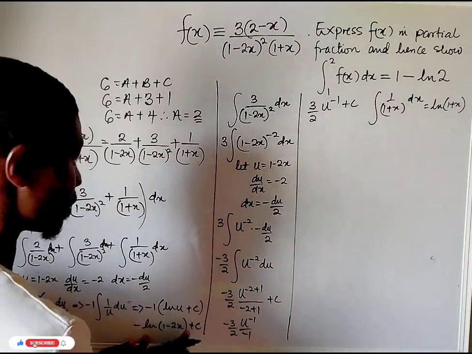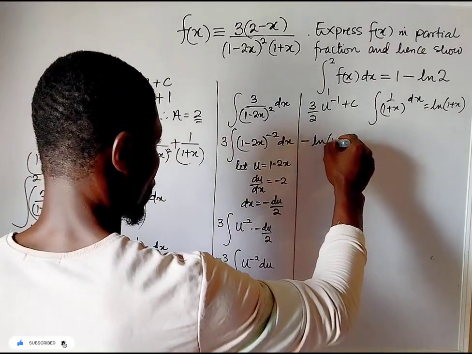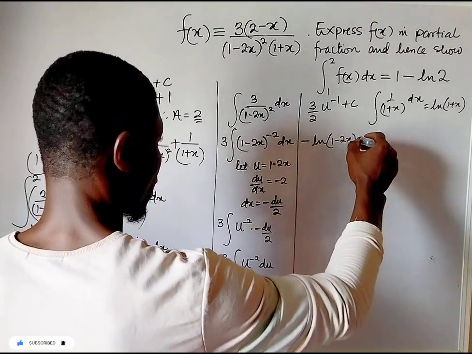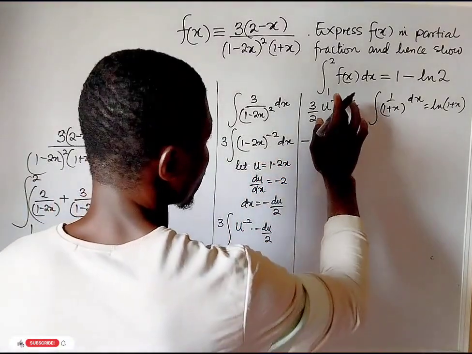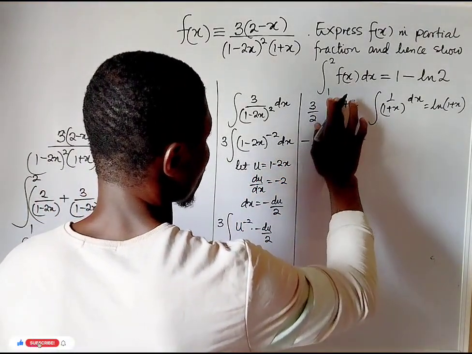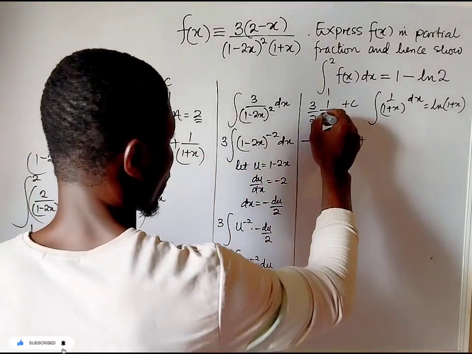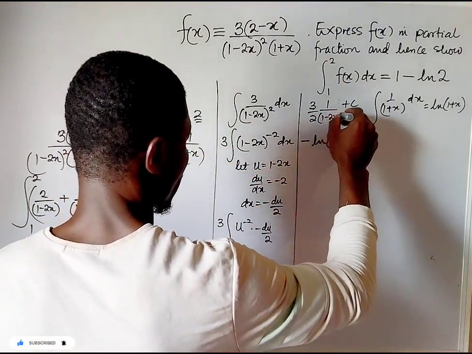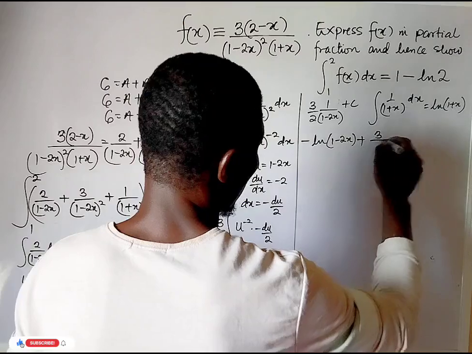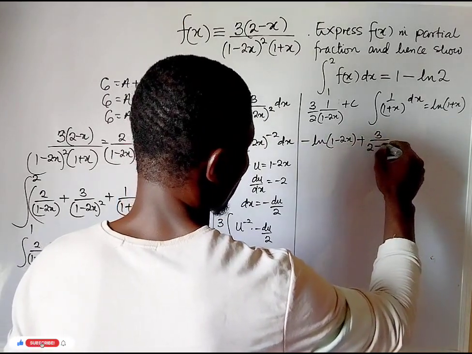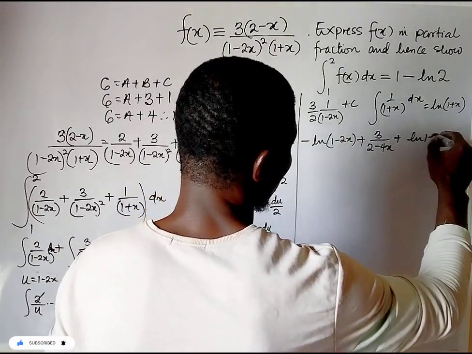Here this one will have minus ln of 1 minus 2x, then plus, putting this in normal form, that will be 1 all over our u, 1 minus 2x. So here we have 3 all over, opening the bracket, 2 plus 4x, then plus ln of 1 plus x.